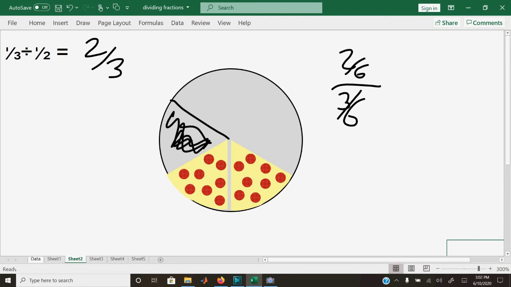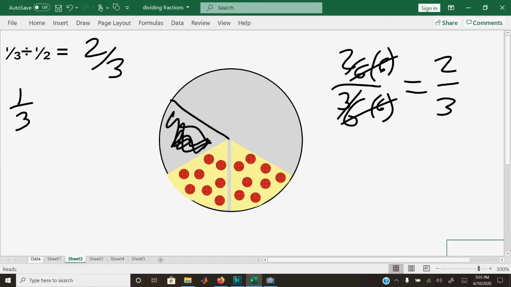And if I think about my equivalent fractions, I can multiply the numerator and the denominator times 6. I get 2/3. So if I look at 1/3 divided by 1/2, I know the answer is 2/3, which is 1/3 times 2/1. So I can see that multiplying by the reciprocal does give me the right answer when I try to divide.